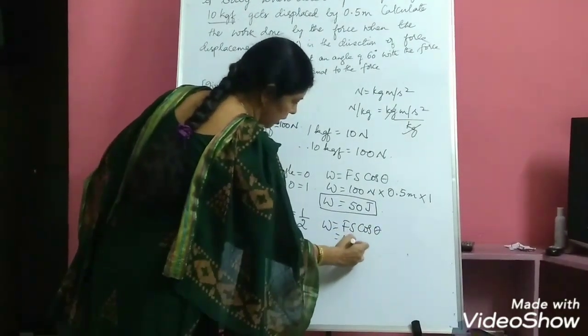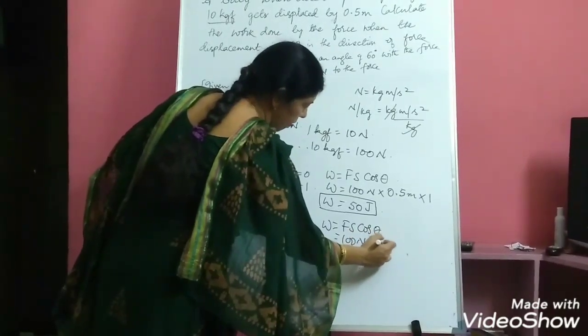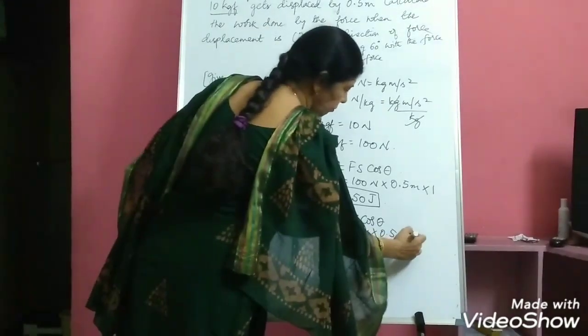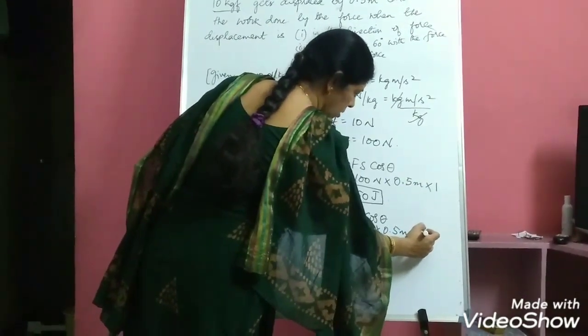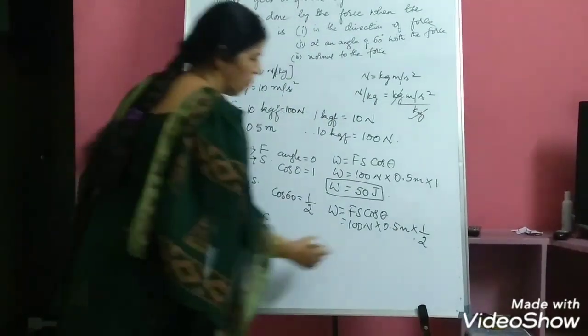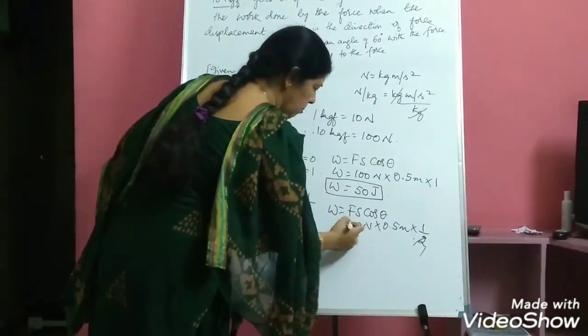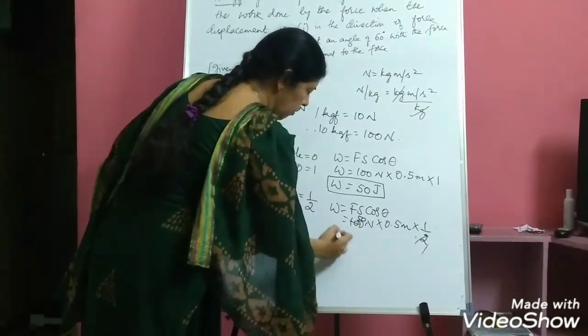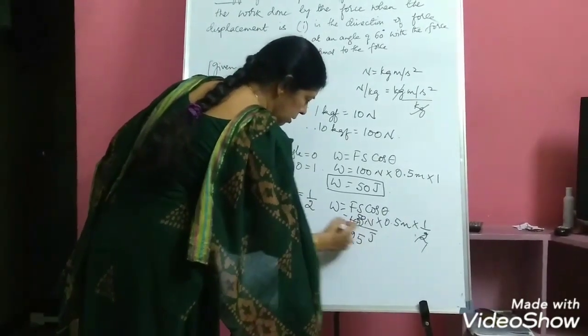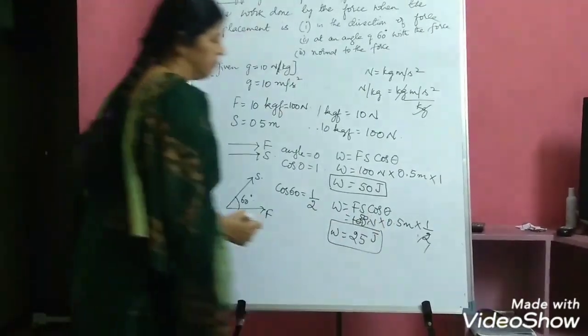F is 100 Newton, displacement is 0.5 meter and cos 60 is equal to half. So, if you simplify, W will be equal to 25 joules. This is the solution.